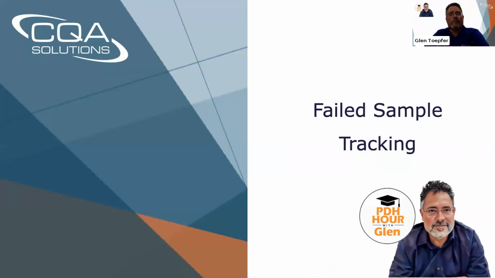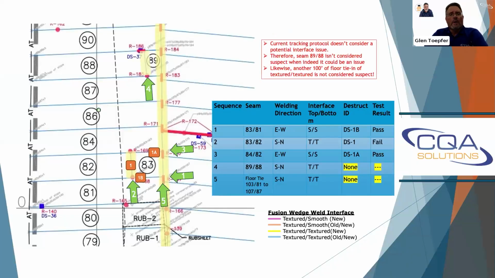I'm going to go back to that same drawing I presented earlier to illustrate the issue here. And what you have here, what I did is I put the green arrows and then a number 1 as to what seam they welded and what order they welded them in. So number 1, 2, 3, 4, 5, those were the different seams that were welded.